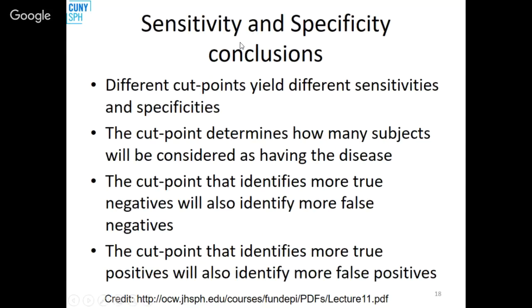So, conclusions about sensitivity and specificity, different cut points, the different sensitivities and specificities. That cut point determines how many subjects will be given a positive test. You set that threshold low enough, you will give a positive test to everyone, like in that first little example that we gave.